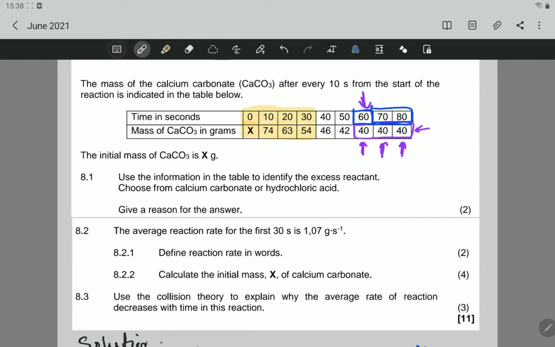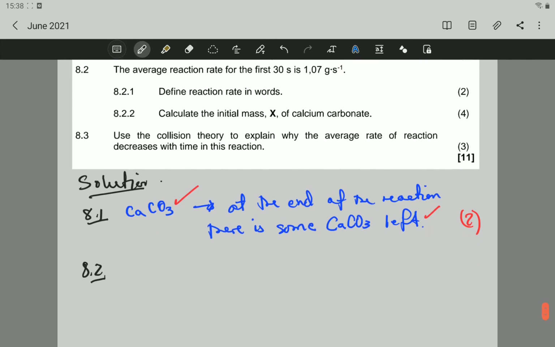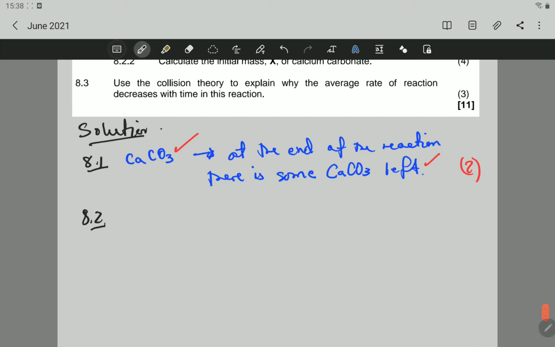Now the question says define reaction rate in words. So what is reaction rate in words? 8.2.1. Reaction rate. There is a video done. I will leave the link in the explanation of this video, so you can go to the next video in terms of reaction rate.